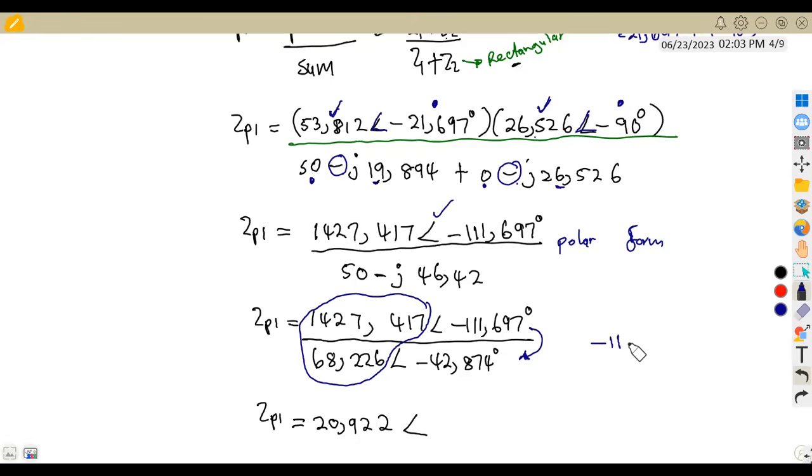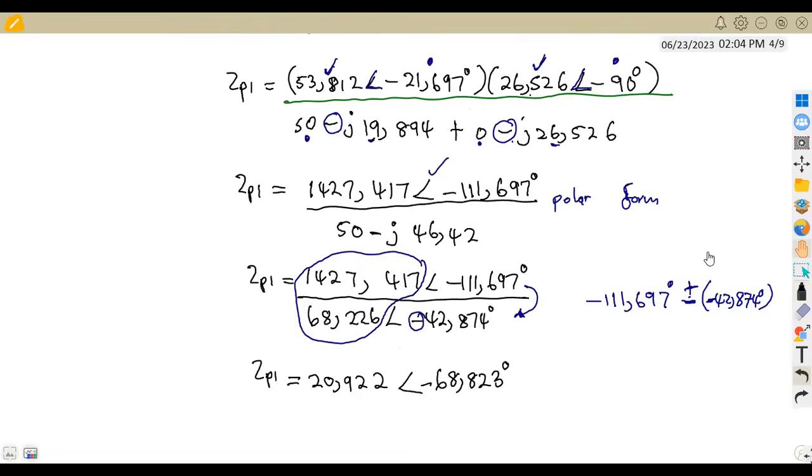So that's minus 11.697 degrees minus, we subtract this angle of minus 42.874 degrees. Take note, it is going to be a minus and a minus, which is a plus. So this will give us something like negative 68.823 degrees.